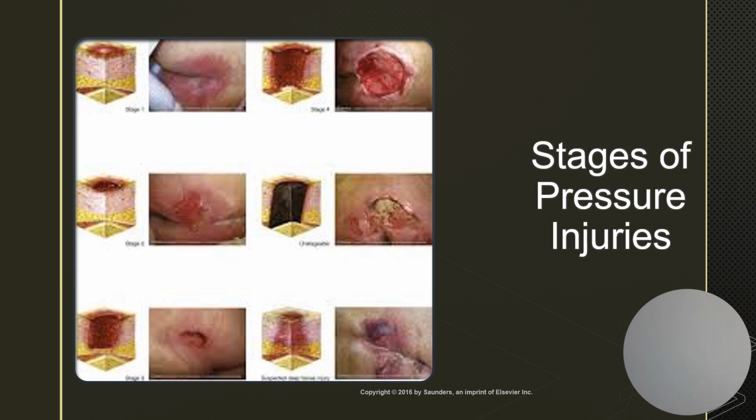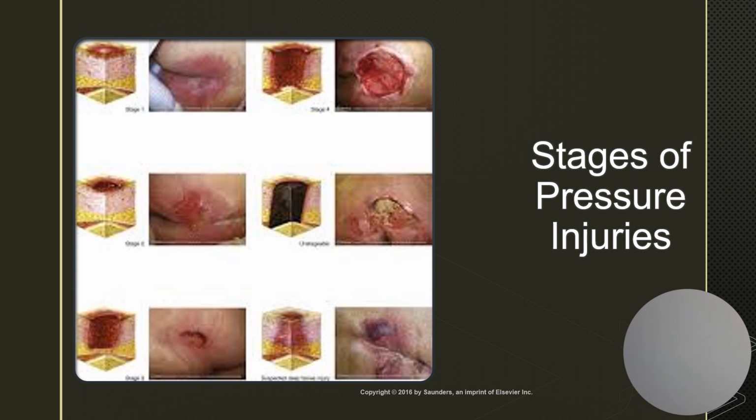Pain and tenderness might be present with swelling or hardening of the tissue, and it might be warm to the touch. Again, there's little destruction of the tissue, and this condition is reversible if we remove the pressure.